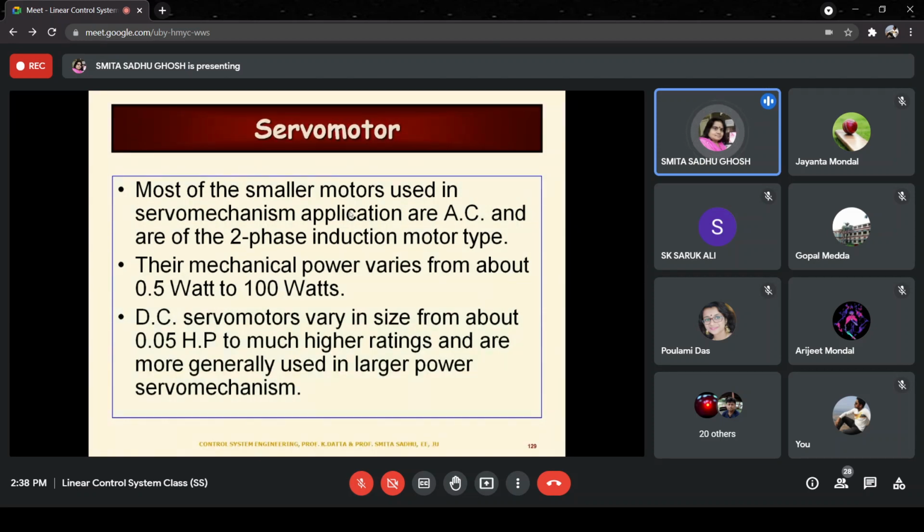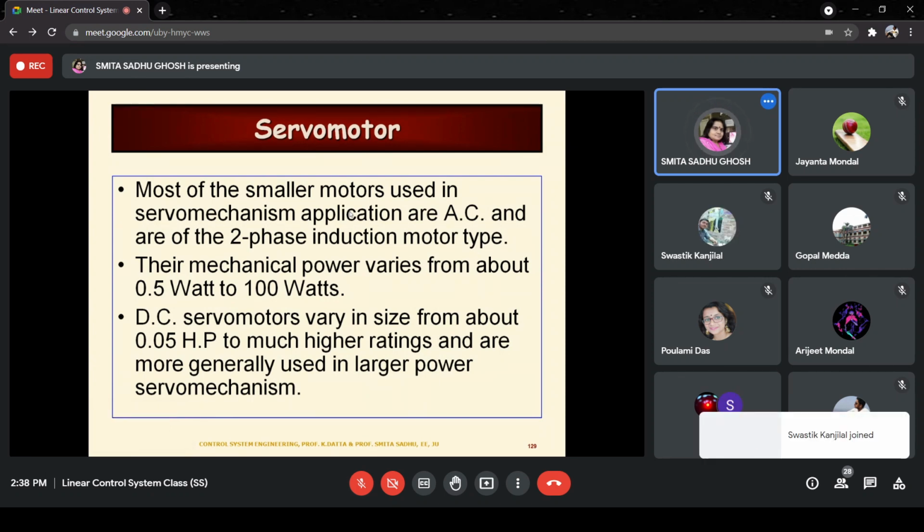So until you apply above a particular threshold, below that threshold, basically due to the inertia, the motor will not start rotating. So basically, such a thing is not what we would be wanting for servo mechanism application, meaning that a small change in your input side should be reflected on the output side.